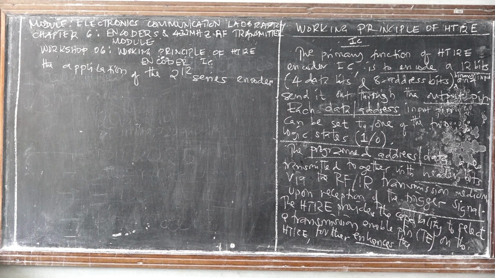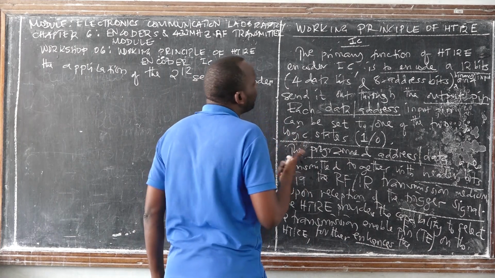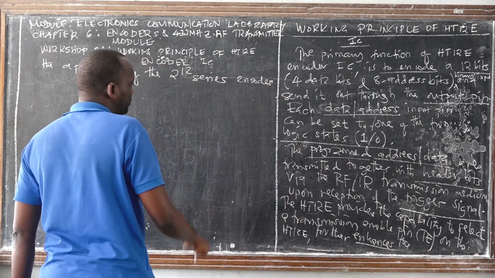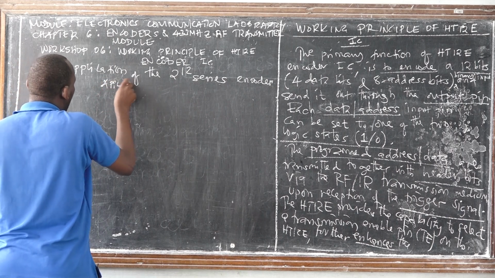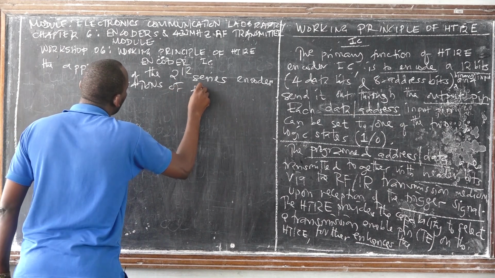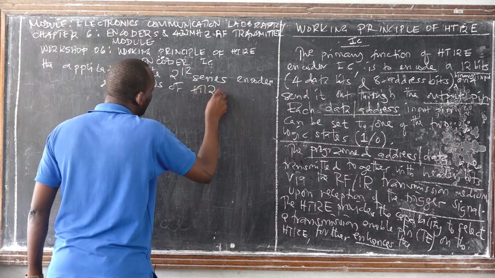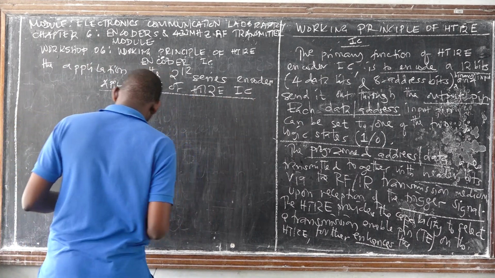Why do we need it and why do we have it? So these are the descriptions of what it can do. The following are the applications of the HT12 encoder IC in real life.